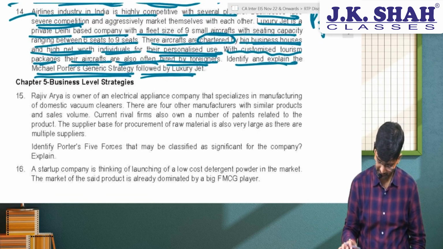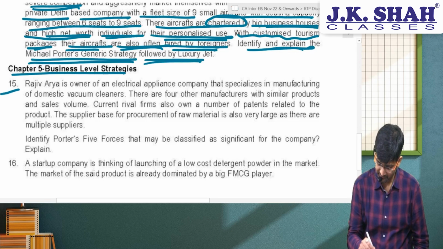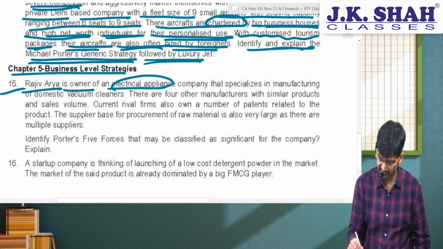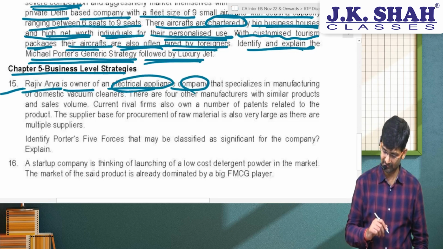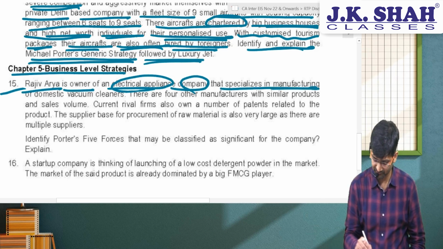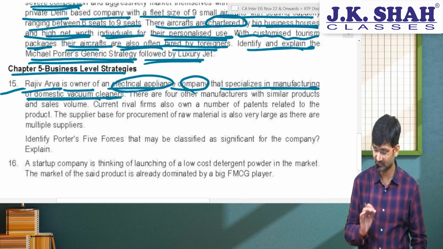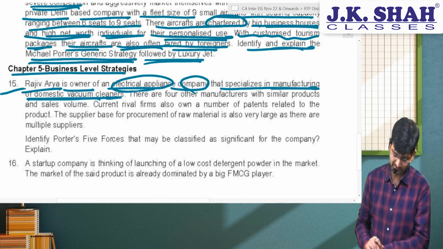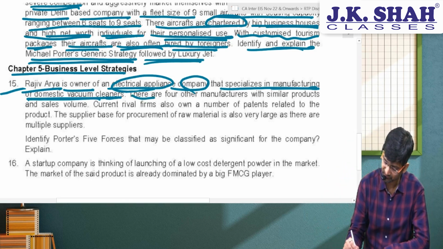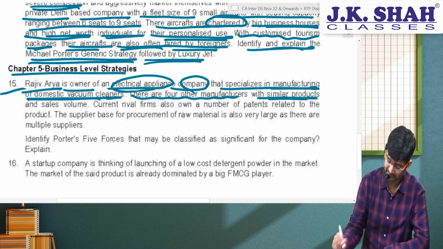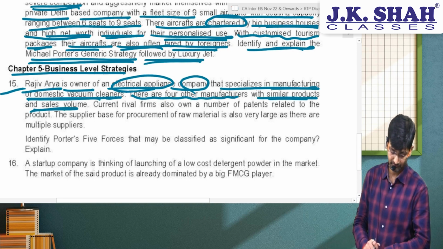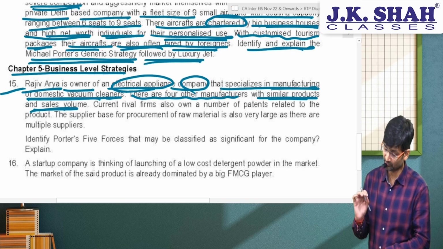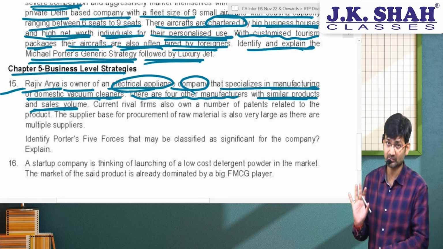Chapter 5. Rajiv Arya is owner of an electrical appliance company that specializes in manufacturing domestic vacuum cleaners. There are 4 other manufacturers with similar products and sales volume.